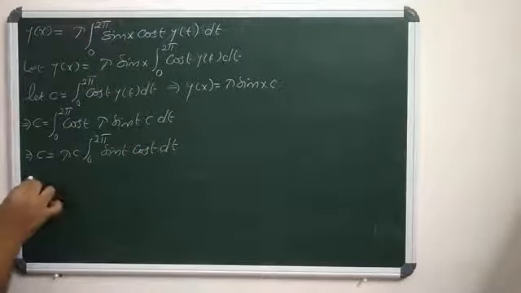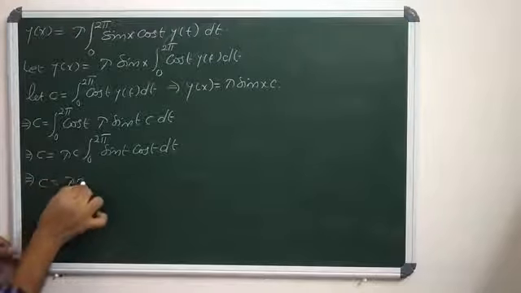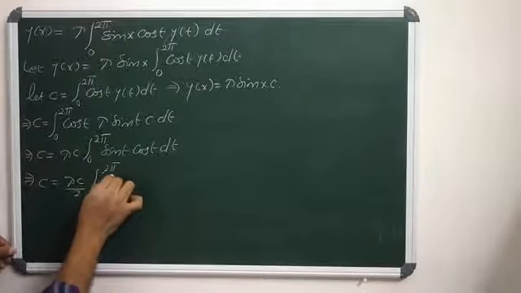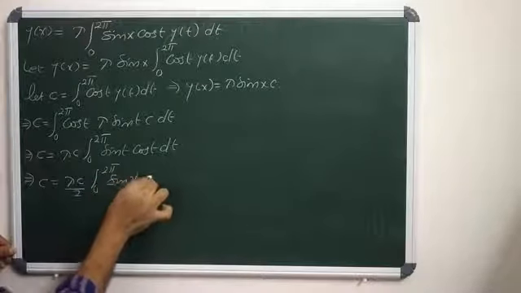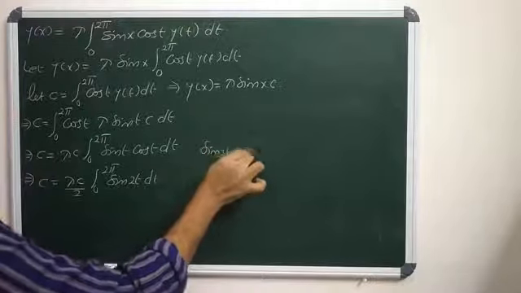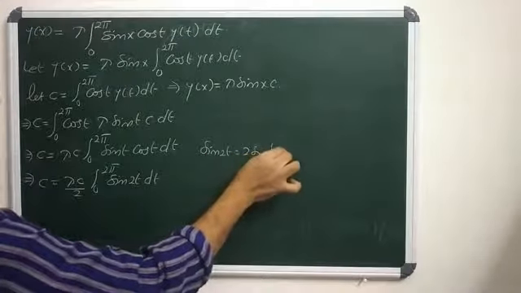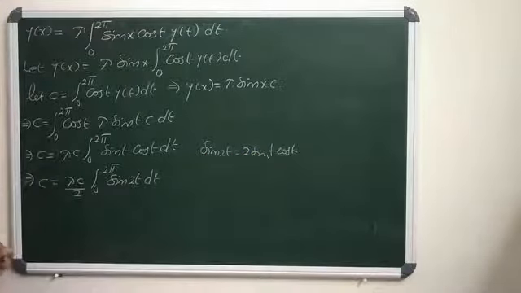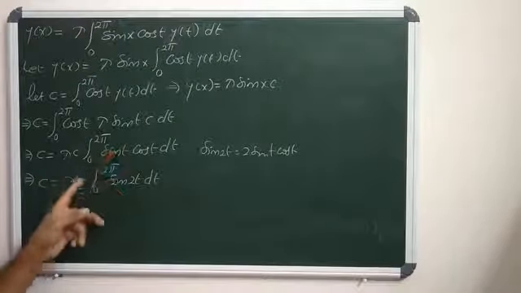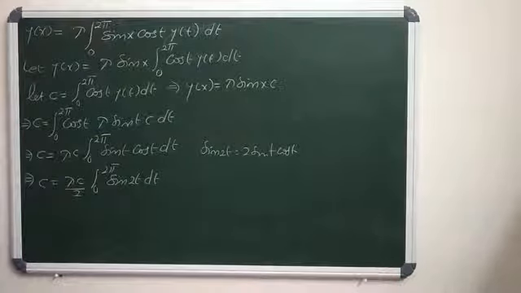That means c equals lambda c by 2 into integral 0 to 2 pi sin 2t dt. Why? Because sin 2t is 2 sin t cos t, so we introduce 2 and 1 by 2 simultaneously here.